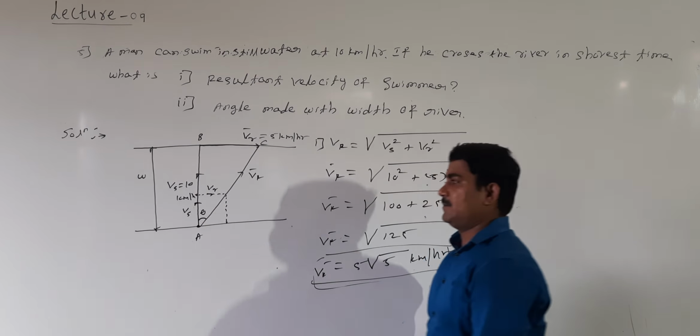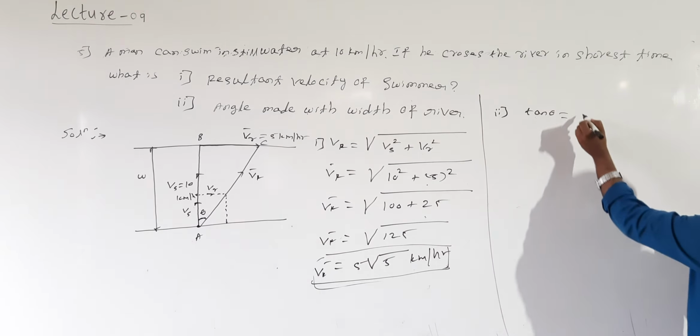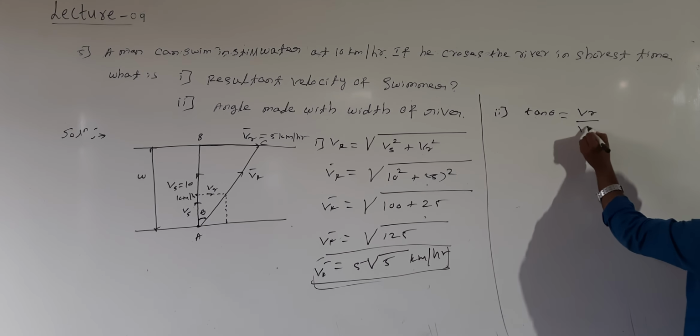Tan theta. What is tan theta in this triangle? Opposite by adjacent. Opposite is Vr, adjacent is Vs. Are you following? What is Vr, students? Vr equal to 5 and Vs equal to 10.